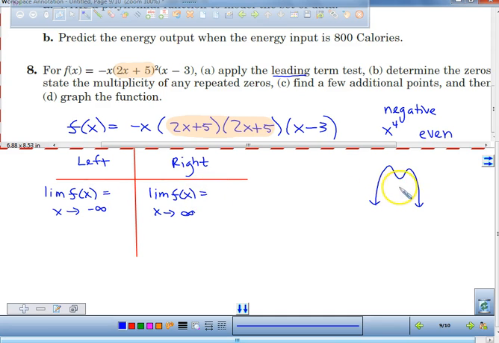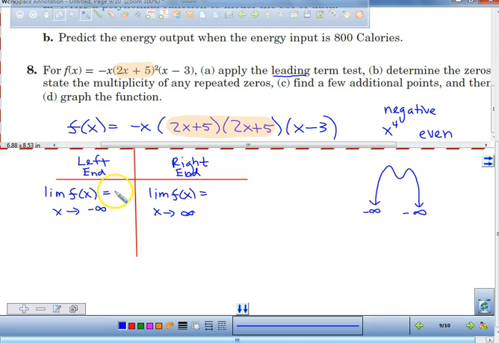However, if we know our graph's going to look like this because it's even, and it's a negative leading coefficient, that means my left-hand behavior is going which direction? It's going down. And my right-hand behavior is also going down.